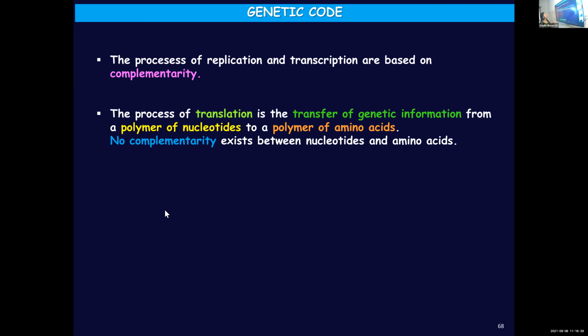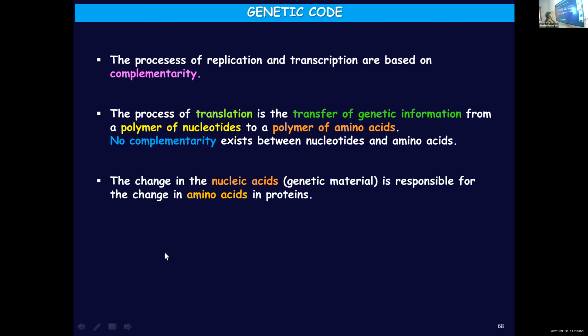So from the polymer of nucleotides, genetic information is transferred to amino acids, or it is translated into proteins. No complementarity exists between nucleotides and amino acids. They have entirely different structures. The change in the nucleic acids, the change in the genetic material, is responsible for the change in the amino acids in protein.